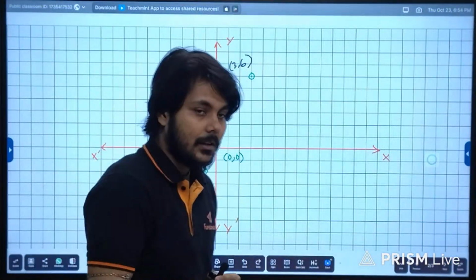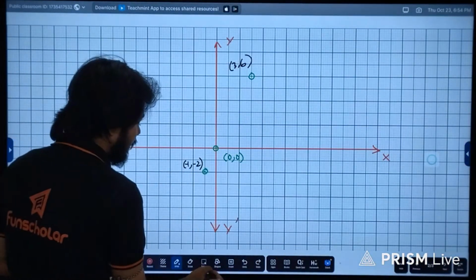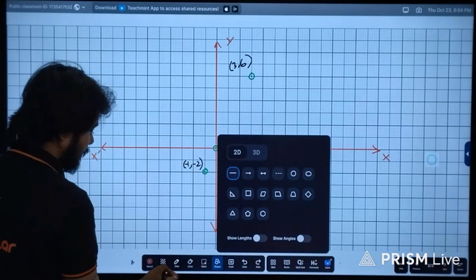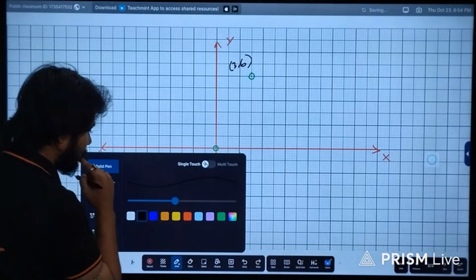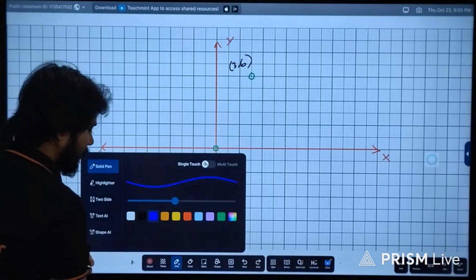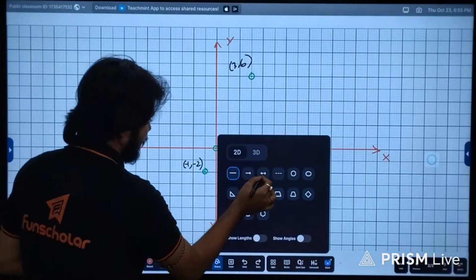Now it's time for joining these three points with a straight line. I will choose which color? Blue color for the straight line.